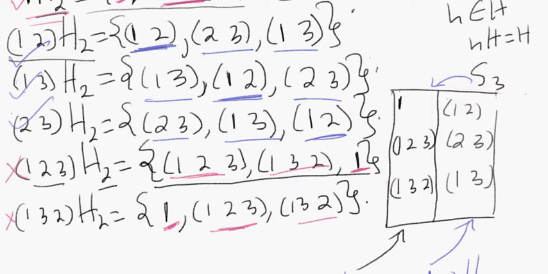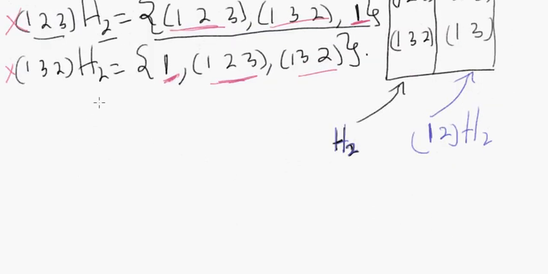And so I guess a question for you to think about is, in general, if we have a group G, and G is finite, and we pick some subgroup H of G, how many cosets partition it?